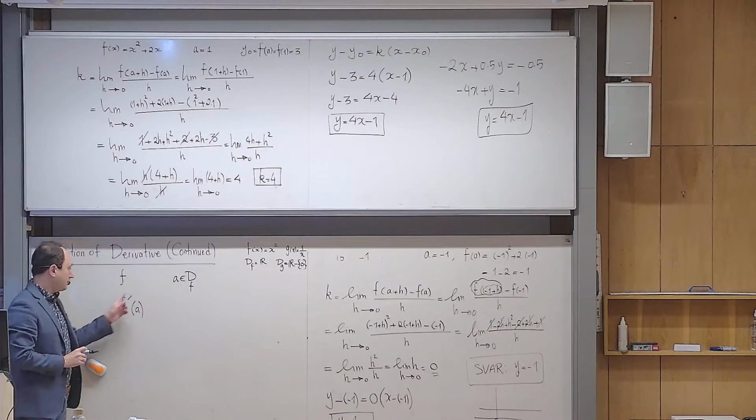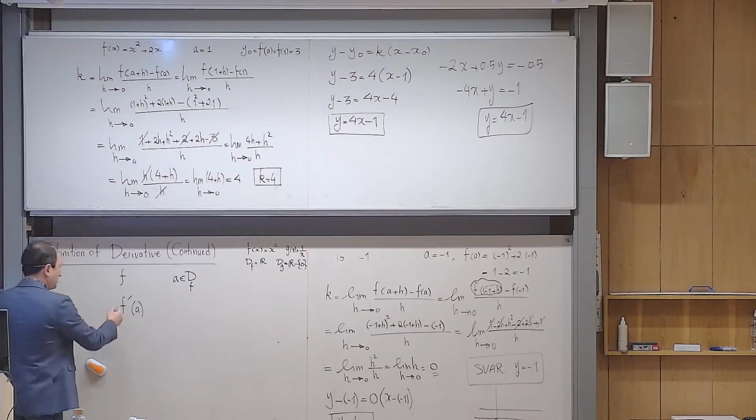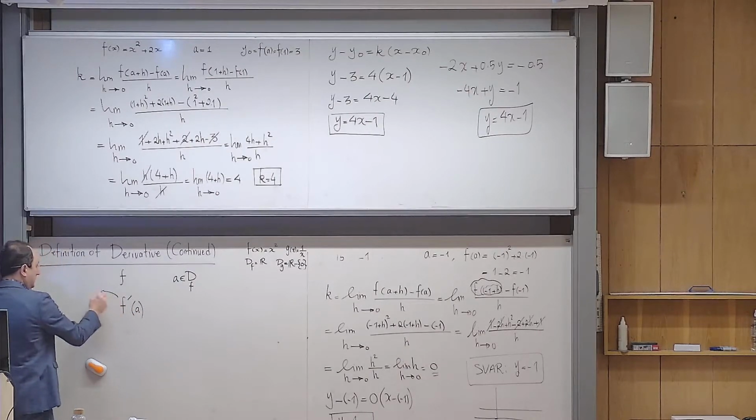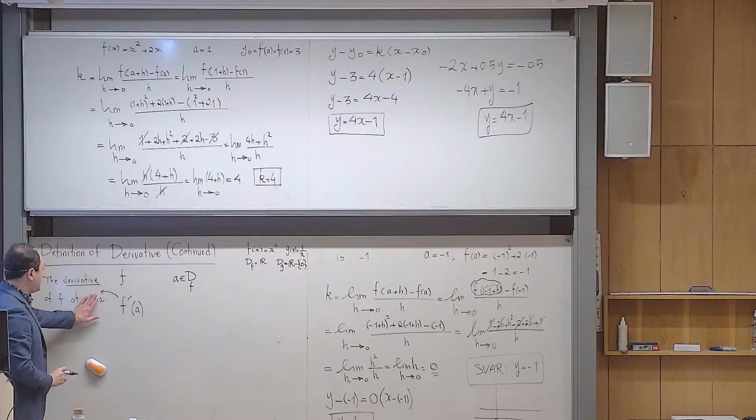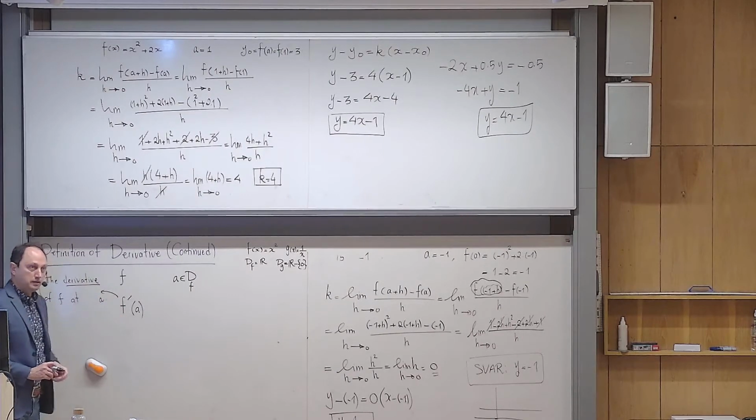When I say f prime of a, if you want to read it literally, you just read it f prime of a, but this means the derivative of f at a, or sometimes people say at x equals a. It doesn't matter. But sometimes in books they write at x equals a. So this is how you denote it.